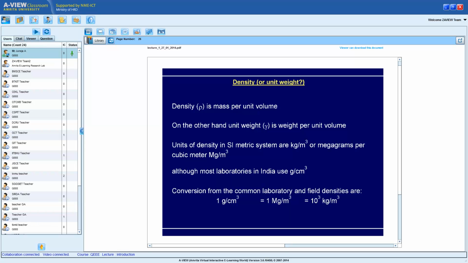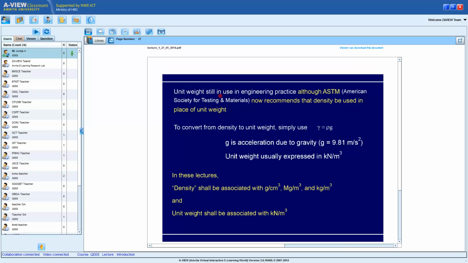If this is clear, let's look at the unit weight. In the next slide, the unit weight, remember, is represented by gamma, and the unit weight is usually written in terms of kilonewton per meter cube. If you have to obtain unit weight from density, the easy conversion is you multiply density times the acceleration due to gravity, g, and the value of g is 9.81.